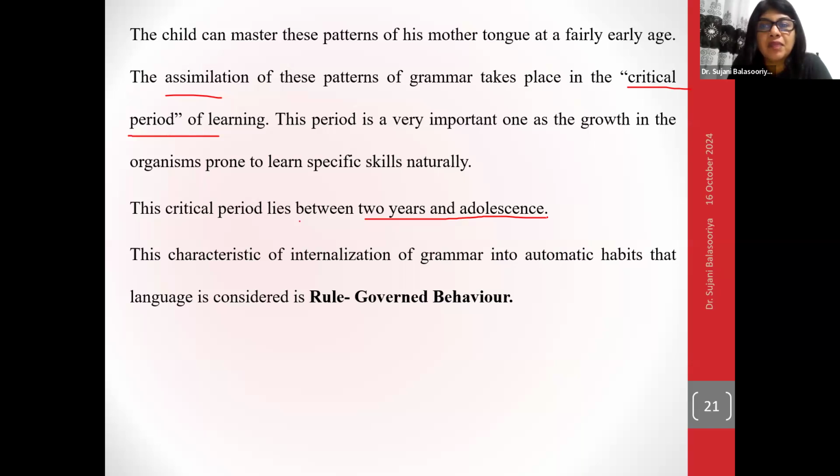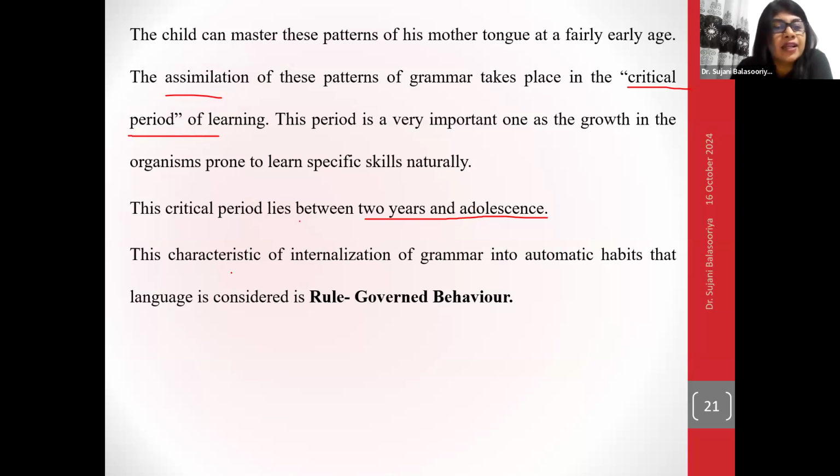That is what is meant by critical period. So, actually, we can say a child starts acquiring the mother tongue from 2.5 or 3 years, up to mastering the mother tongue by the age of 12, maximum 13, right? Okay, so that is the critical period.